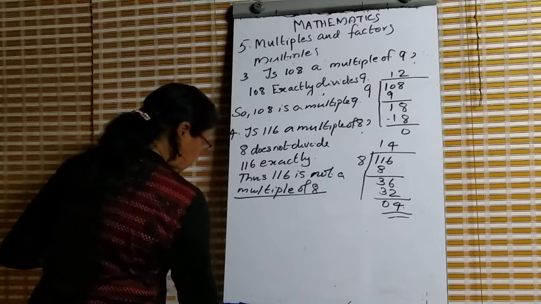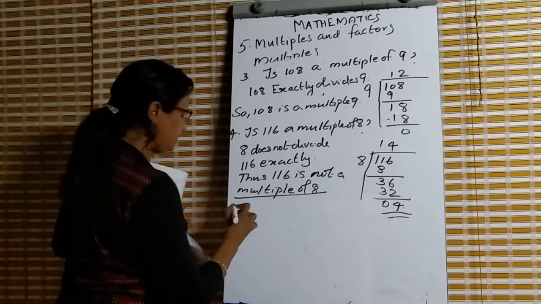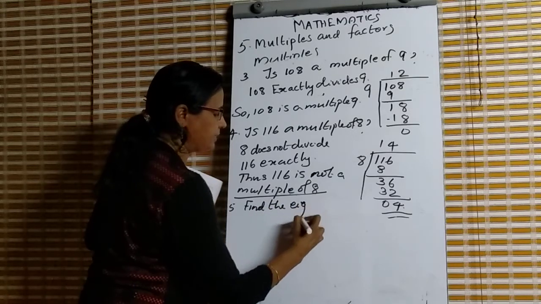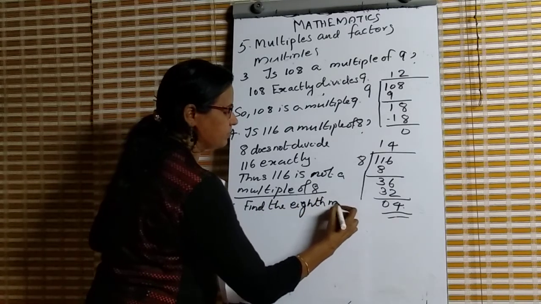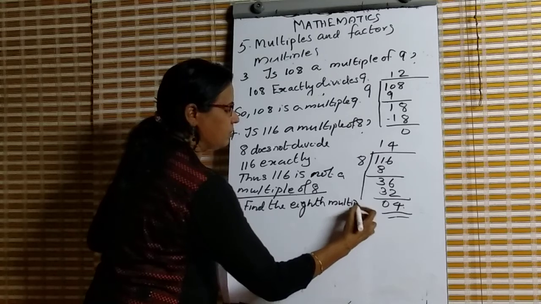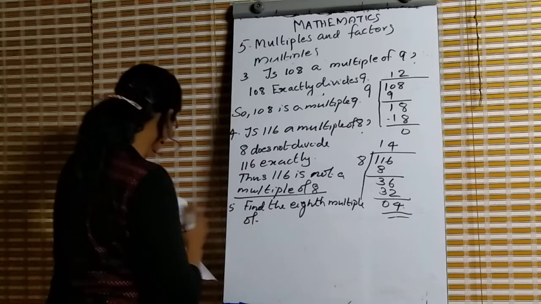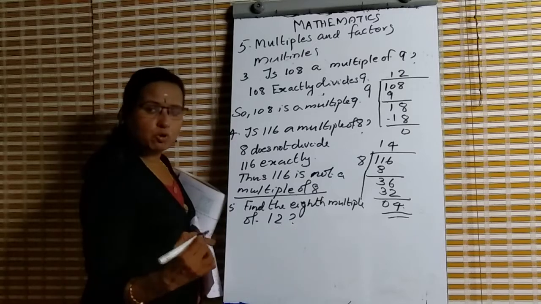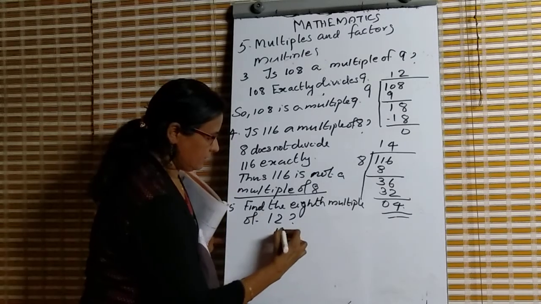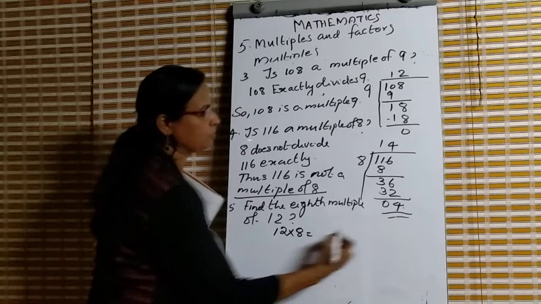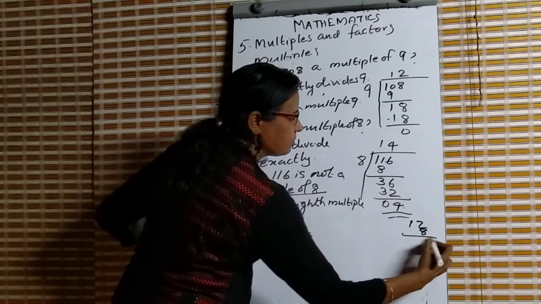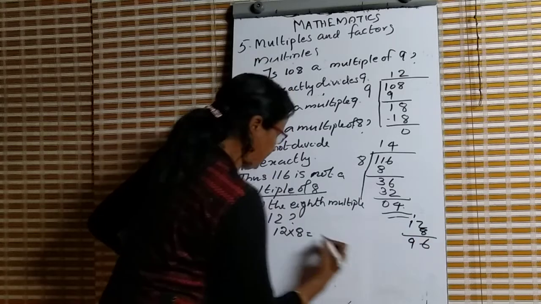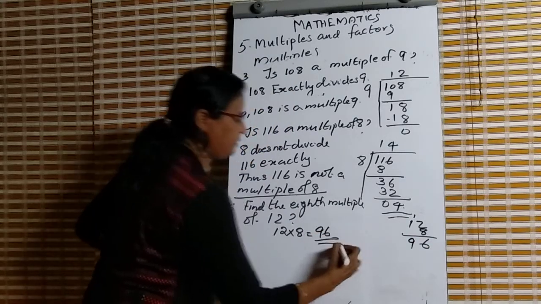Next question. Find the 8th multiple of 12. 8th multiple of 12 means 12 into 8. 12 into 8: 8 twos are 16, 1 carried, 8 plus 1 is 9. 12 into 8 is equal to 96.